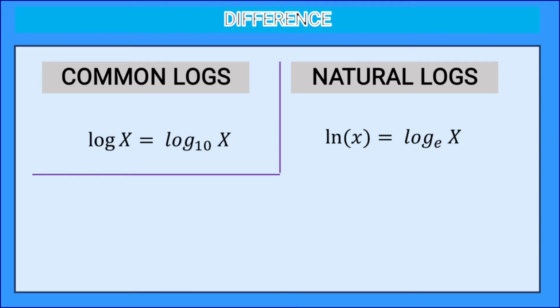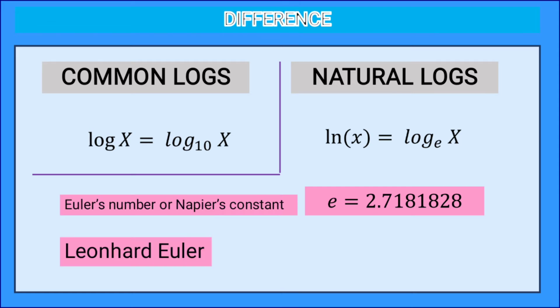Natural logarithms are different from common logarithms. While the base of the common logarithm is 10, the base of a natural logarithm is the special number e. Although this looks like a variable, it represents a fixed irrational number approximately equal to 2.7181828 and so on. Like pi, it continues without a repeating pattern. e is sometimes called Euler's number or Napier's constant.